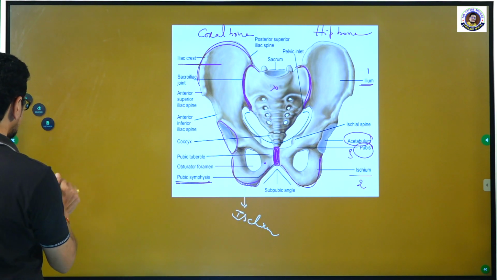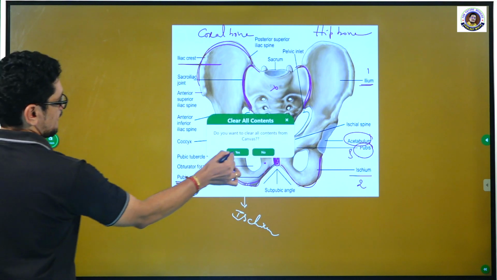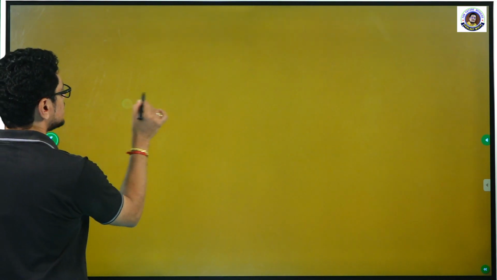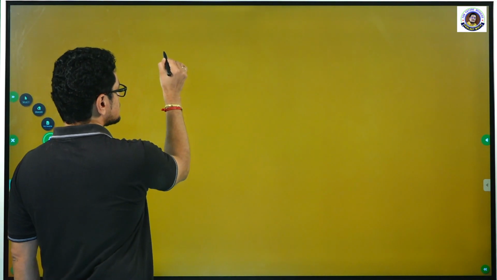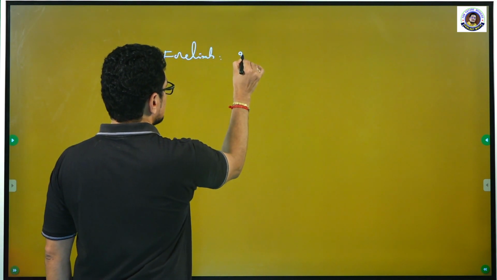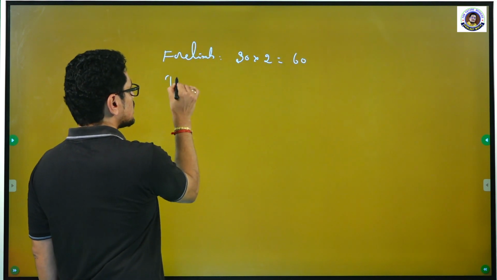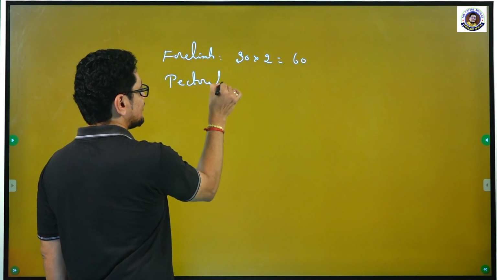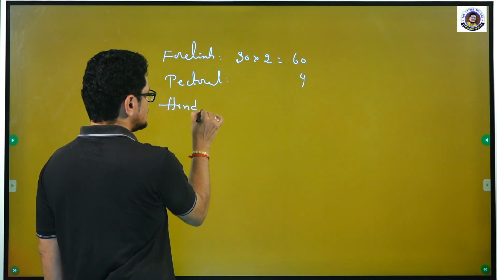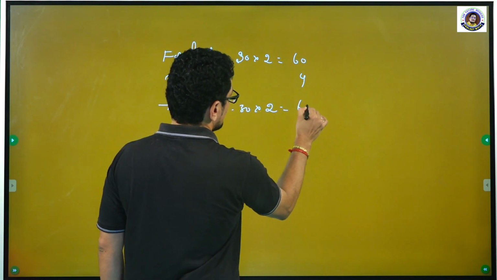And now let me put it finally. Forelimb bones are already over: 30 into 2, 60. The pectoral girdle contains scapula and clavicle, 2 plus 2, 4. Hind limb bones, 30 into 2, 60 bones.